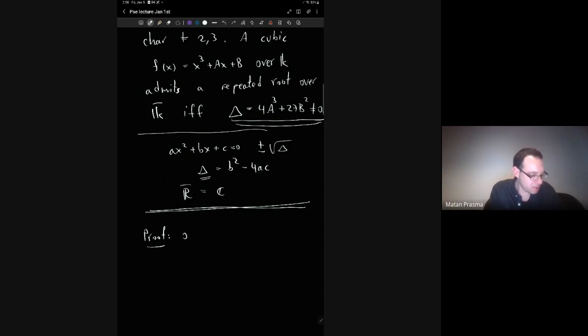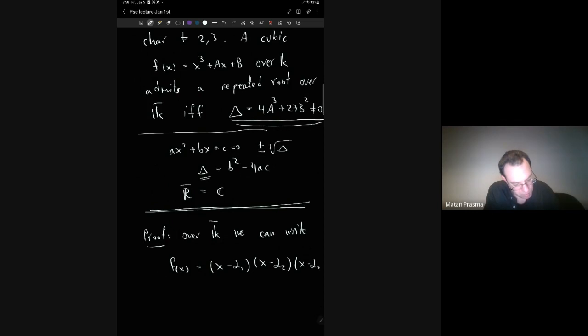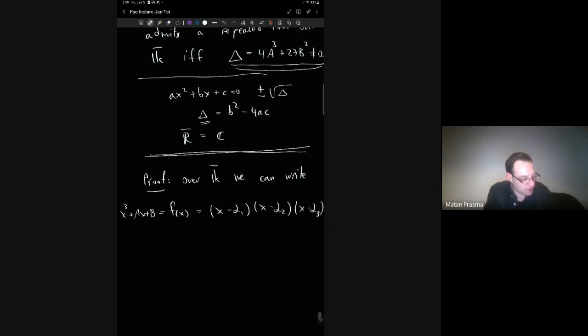Over K bar, we can write f(x) equals (x minus alpha 1)(x minus alpha 2)(x minus alpha 3). But of course, this is also equal to x cubed plus ax plus b. So I can open up and I get 3 equations.